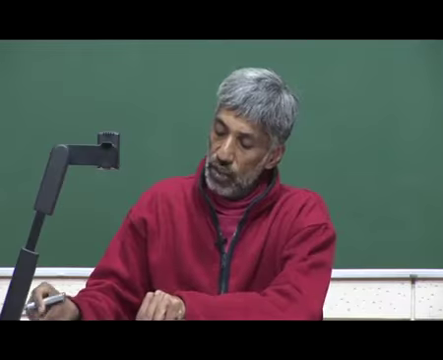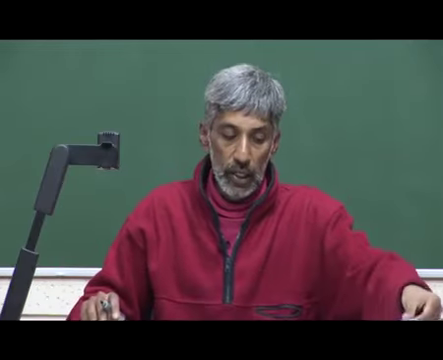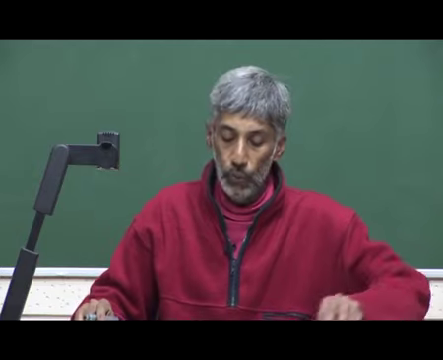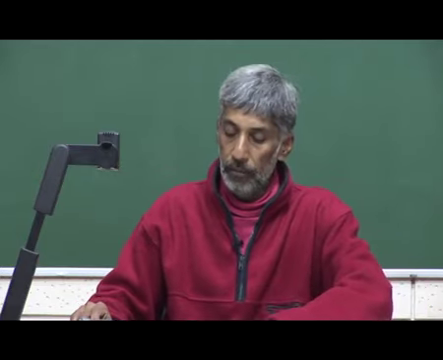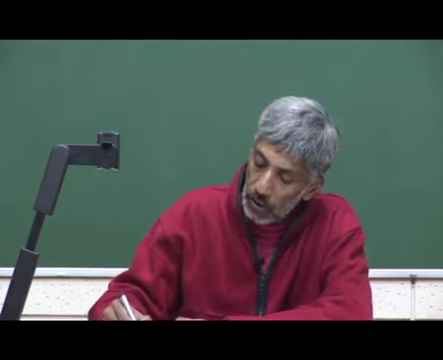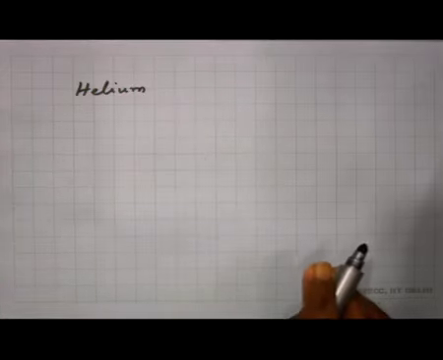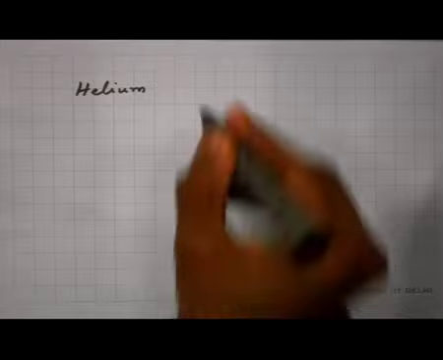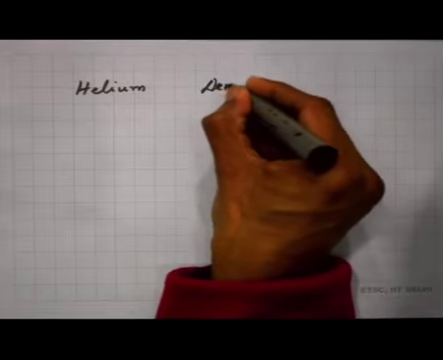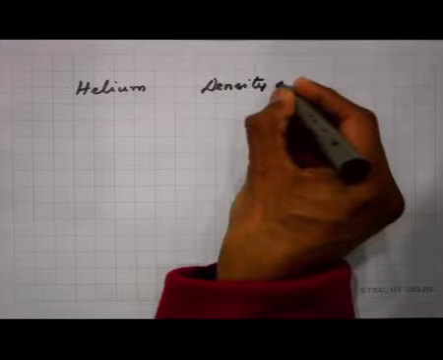So, let us try and look at this a little bit differently to get an idea of the value of K. Again we will consider helium. What we would like to do is to determine the volume of 1 mole of helium gas at 273 Kelvin, that is at 0 degrees Celsius, and at 1 atmospheric pressure.